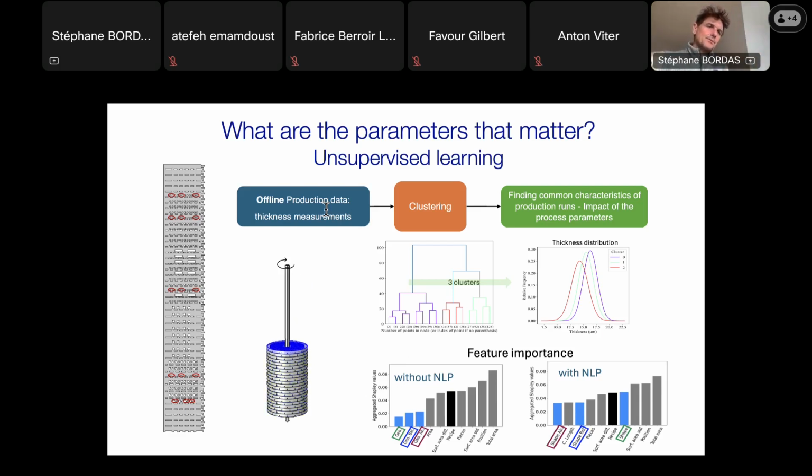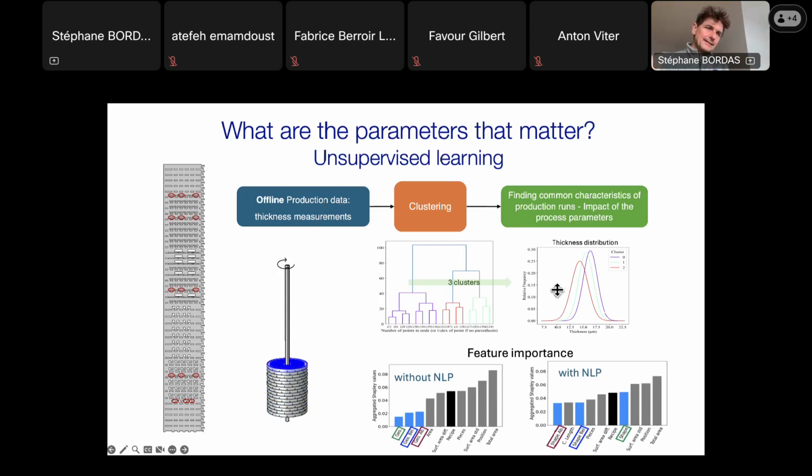Okay, so that was done by Jeremy, and he found out that using NLP really helped with the Shapley values, which are the importance values.